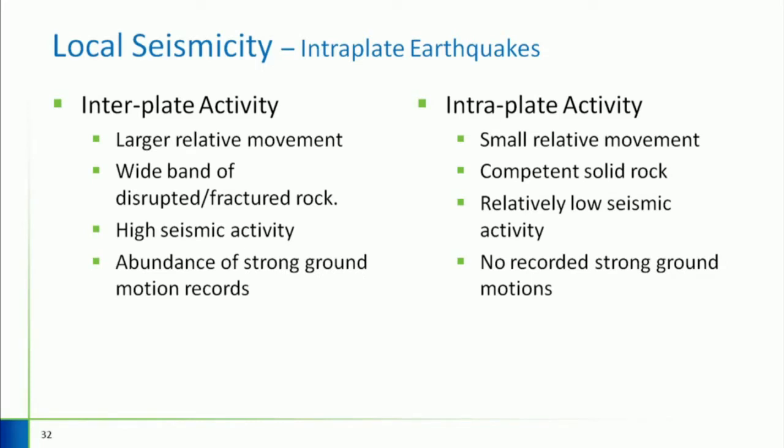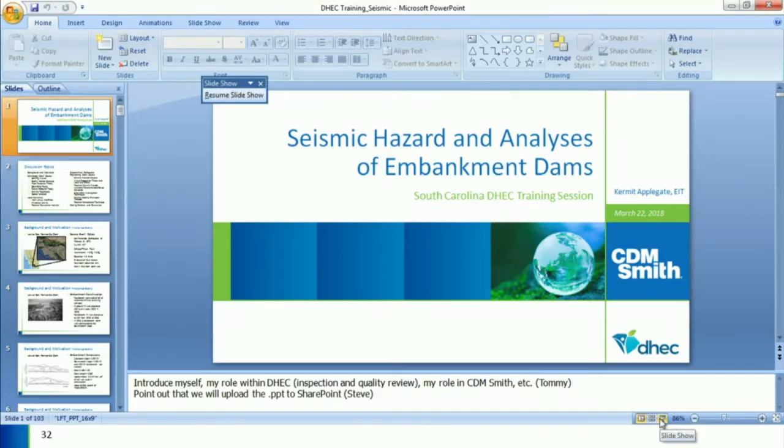Another thing, because it's so much more active, you have a lot of records on the West Coast. You have examples of time histories from all of these different events. Odds are there is an event recorded on the fault that you're looking at. So you can just pull that time history and be like, oh, this is what it looked like last time. So on the East Coast, we don't have that.